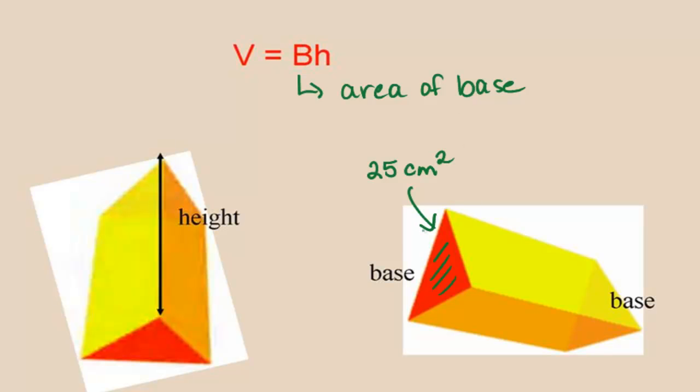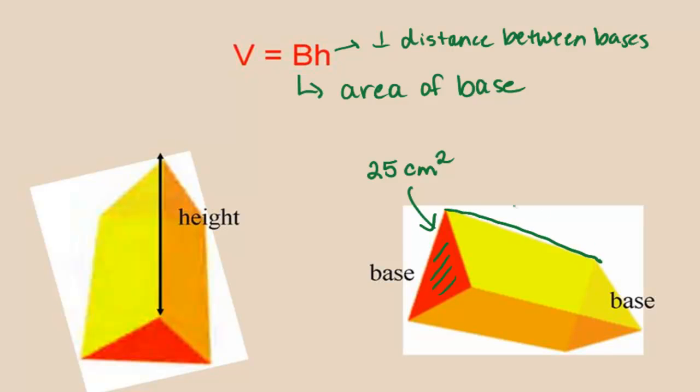And then for height, I already told you that that's the perpendicular distance between the two bases. So for the height, in this example, let's say that it is 10. Now, this is the length of a line. So for the length of a line, would that be centimeters, centimeters squared, or centimeters cubed?